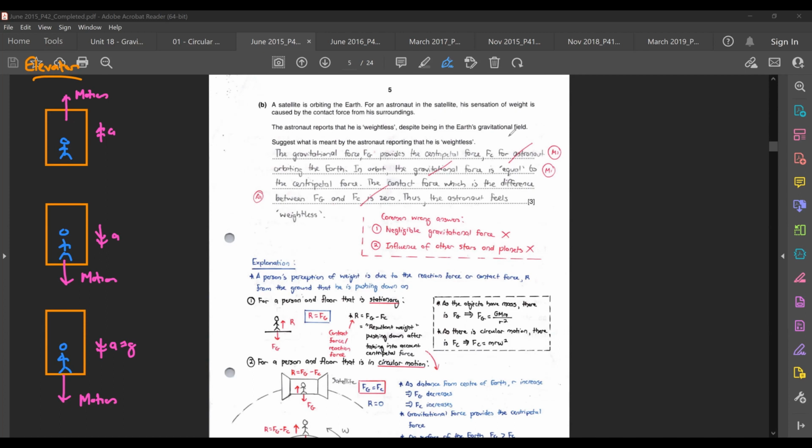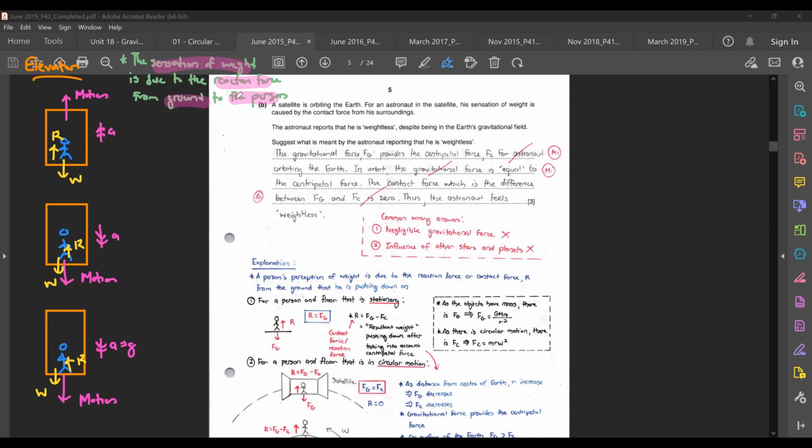When you're talking about the person inside the elevator, let's consider the forces acting on the person. You have the weight acting downwards and then the reaction force acting upwards. So W down, R upwards. For the person standing inside the elevator, his sensation of weight comes from the reaction force from the ground to the person.